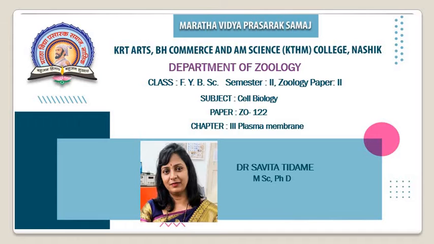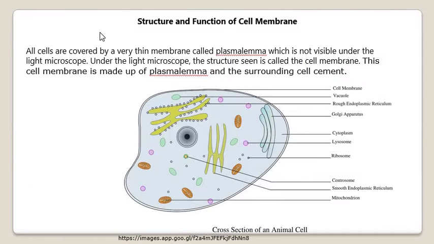Okay, so in the present lecture, we'll be starting with chapter number 3, that is plasma membrane. Chapter 3 is the structure and function of the cell membrane. We'll study the structure of the plasma membrane, the chemical composition of the plasma membrane, the percentage of protein, lipid, and carbohydrate in the plasma membrane, along with the fluid mosaic model.